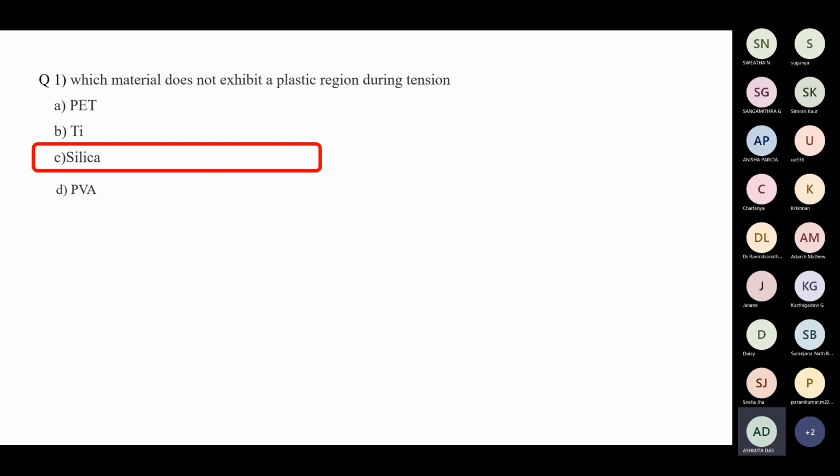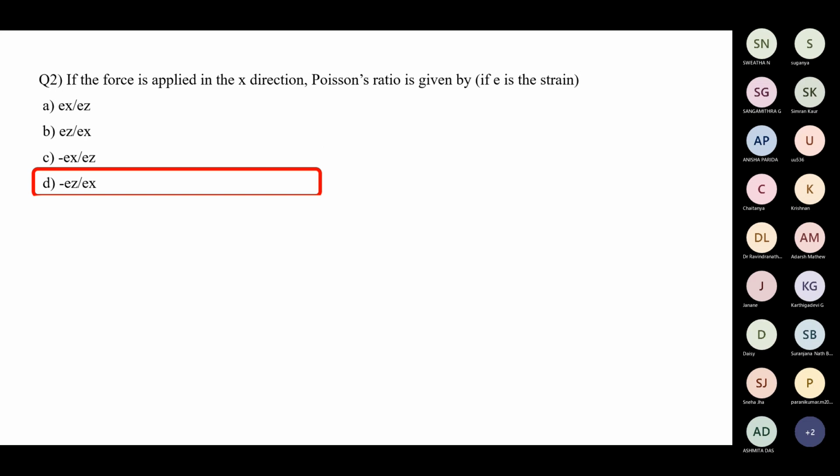Now moving to the next question. If the force is applied in the x direction, Poisson's ratio is given by?